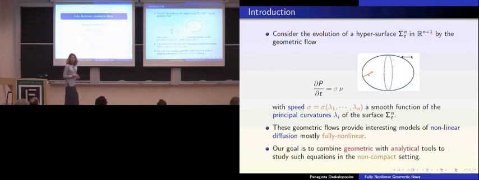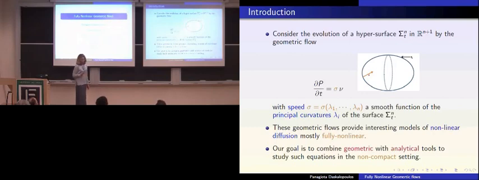So this talk today has to do with the evolution of n-dimensional hypersurfaces embedded in R^{n+1}, by flows where each point on the hypersurface moves in the right normal direction, whatever makes the problem parabolic, by a speed which is a function of the curvatures of the hypersurface.